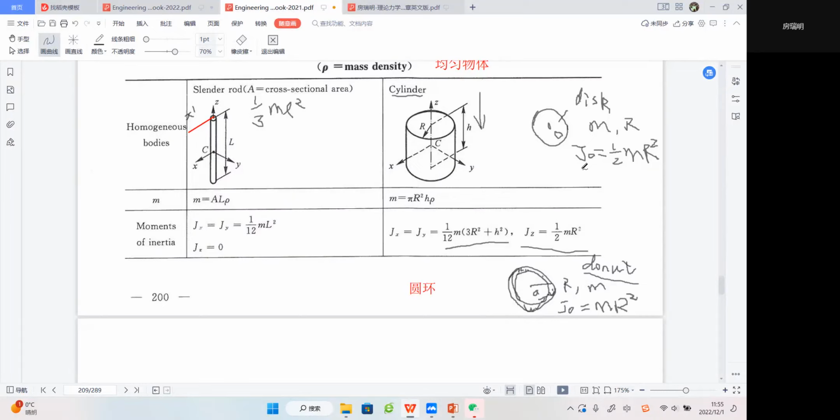If this is the disk, it's homogeneous, all the mass distributed from center to the brim. But these do not. All the mass is distributed along the brim of this circle. So its Go will be m r squared. So you'd better remember these things. I require you to remember.